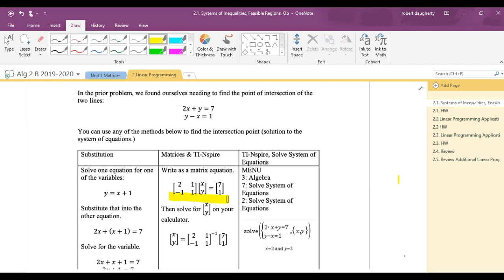Let's just do that method real quick. So it's the matrix 2, 1, 1, negative 1.